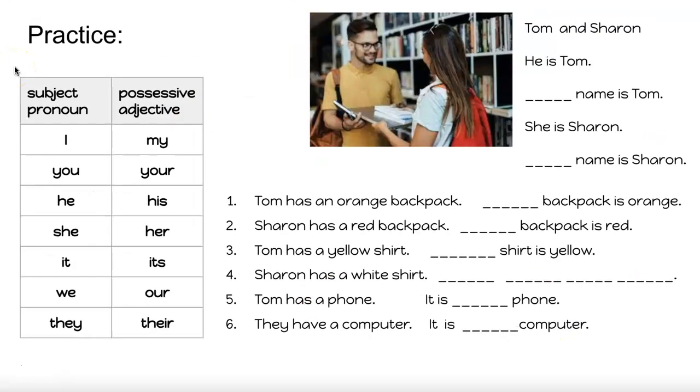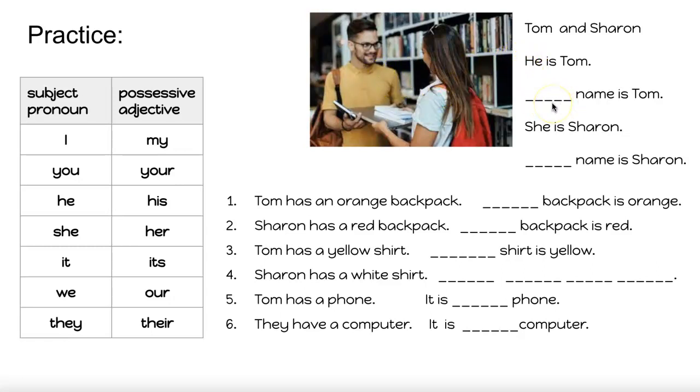Let's do some more practice. So this chart here shows the subject pronouns I, you, he, she, it, we, they. Possessive adjectives are my, your, his, her, its, our, their. So this is Tom and Sharon. He is Tom.